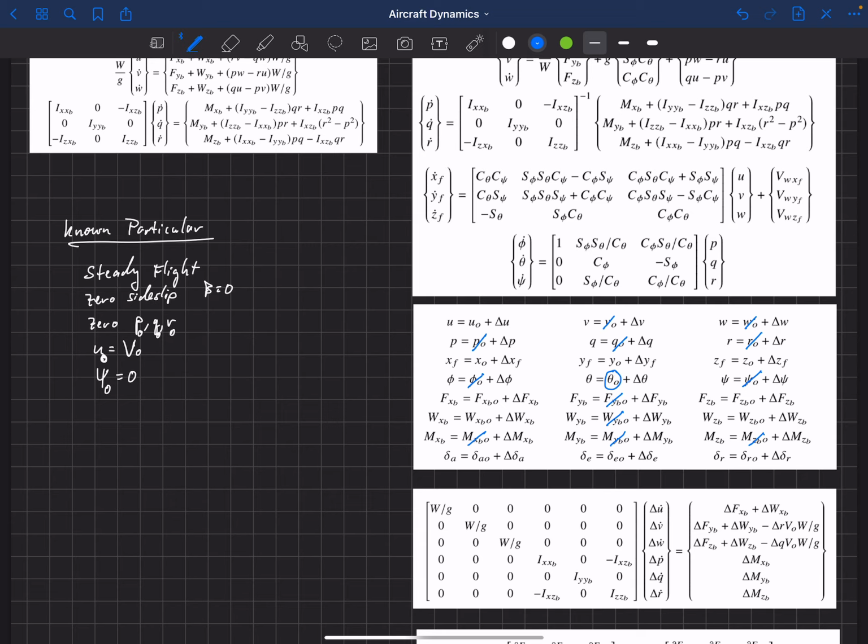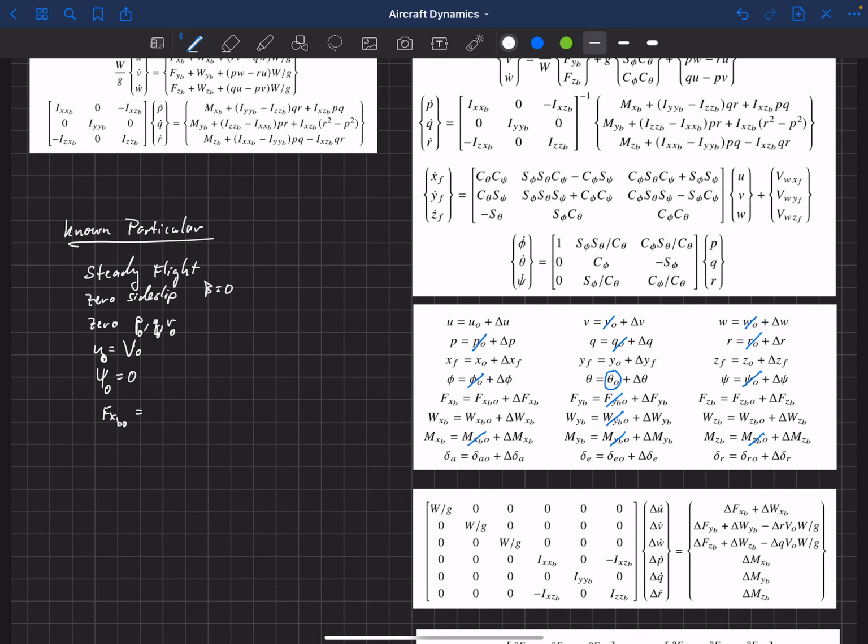Now, another thing that we could work out with a free body diagram, but I'm just going to write it down, is that Fx b naught, our force in the x direction. Remember, Fx is our pseudo-aerodynamic force. That includes the aerodynamic force plus the thrust from the aircraft.